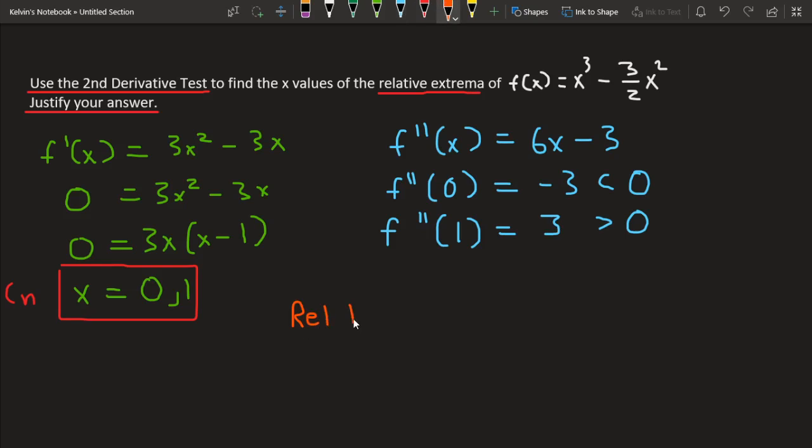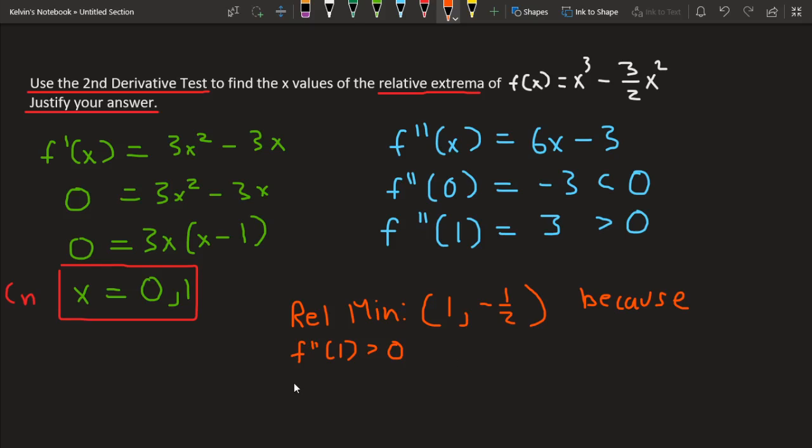Relative minimum at 1, comma, and then we have to first plug back into our original equation here. And if we look at our original equation, it should just be 1 minus 3/2, which is equal to negative 1/2. There's a relative minimum at 1, negative 1/2, and now we have to justify our answer because, and we simply say that f double prime of 1 is greater than 0.